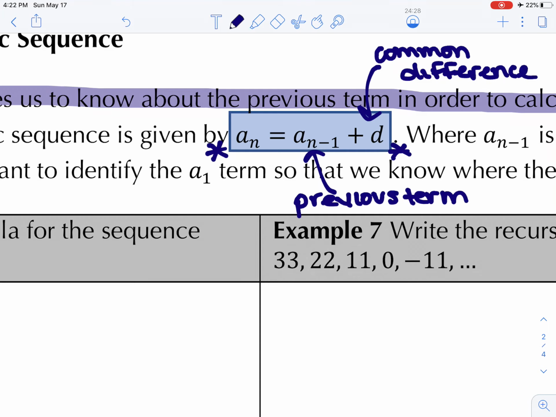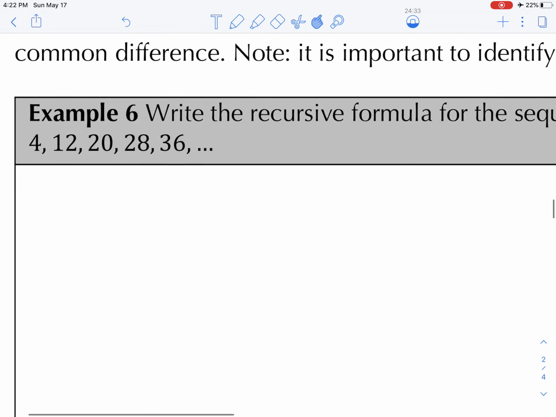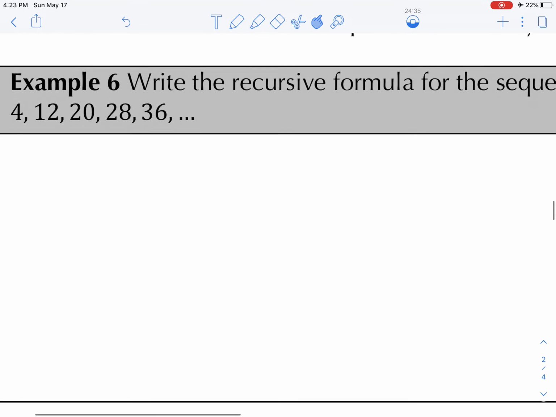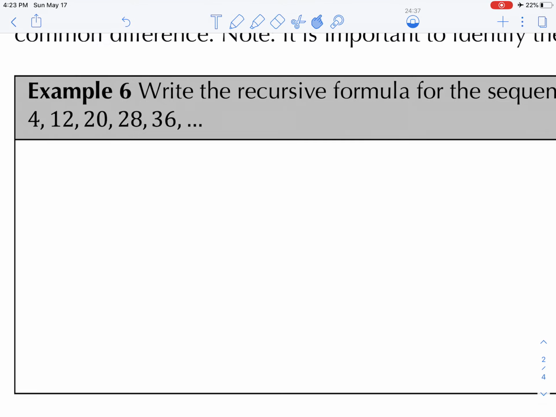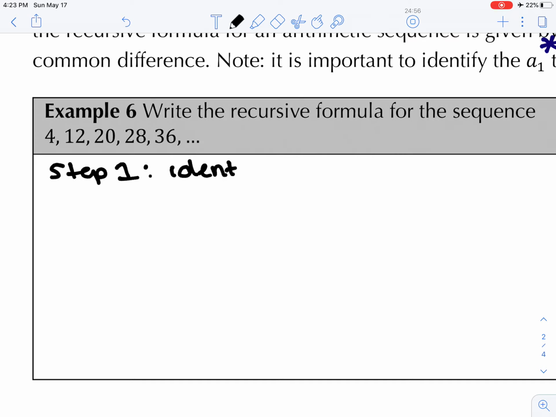Okay, so we're going to look at a couple examples on how to tackle this. Example 6: we're asked to write the recursive formula for the sequence 4, 12, 20, 28, 36. The first thing that's really important for this idea of recursion and recursive formulas is that we need to identify a sub 1.